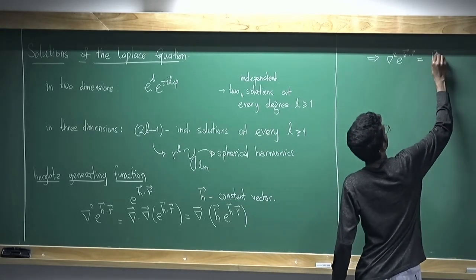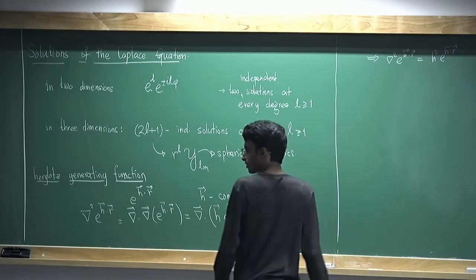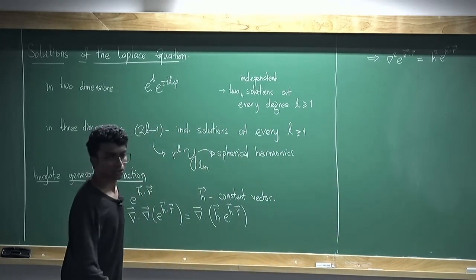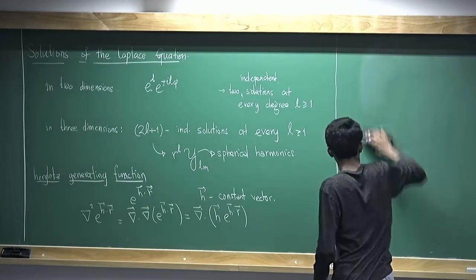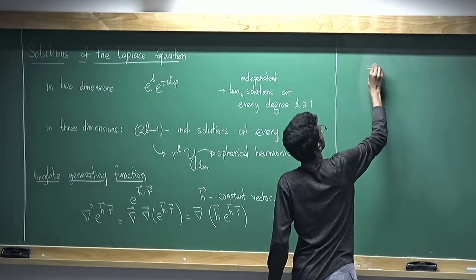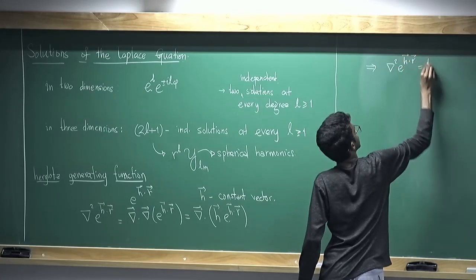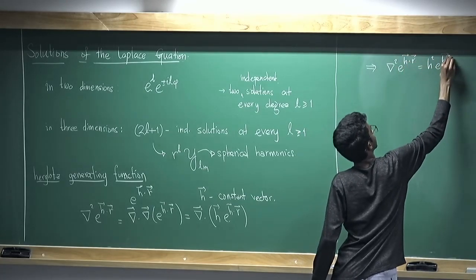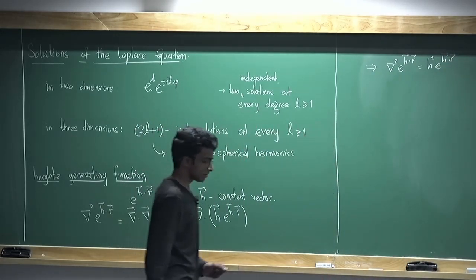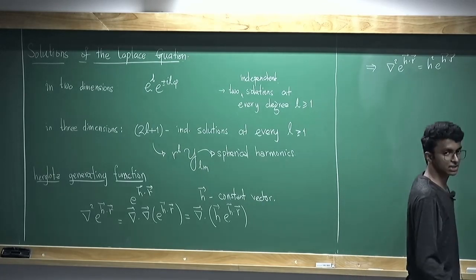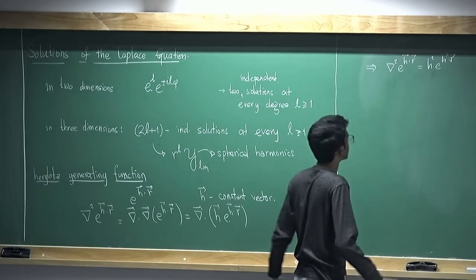So this becomes h squared e to the h dot r. What we get is grad squared e to the h dot r is h squared e to the h dot r. Now you would say, for e to the h dot r to be a solution of the Laplace equation, we require h squared to be 0.